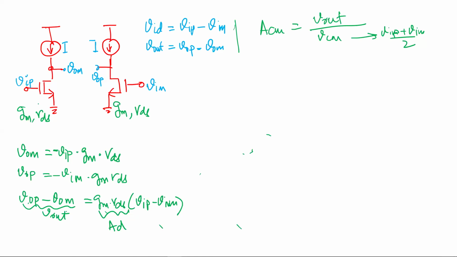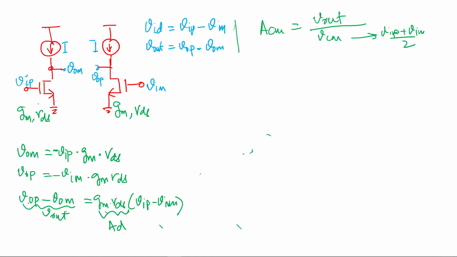Oh, actually, I forgot. When you're doing common mode gain, this V out is actually not VOP minus VOM. It's actually VOP plus VOM divided by 2. Okay. So basically you don't want any common mode. Obviously you want the differential output with respect to differential input to be 0, but that's called common mode rejection. The common mode gain is the input common mode to the output common mode.